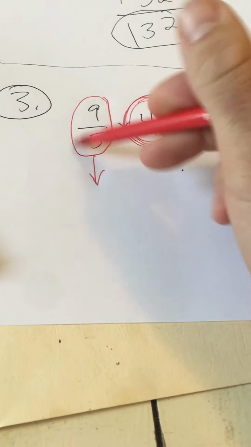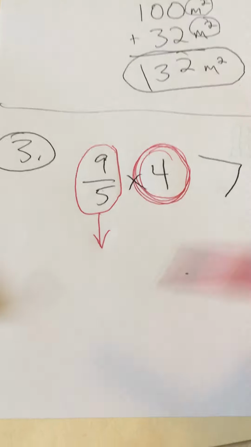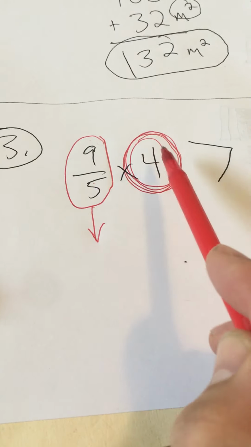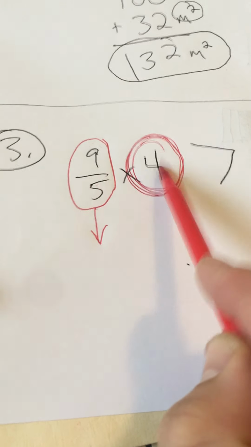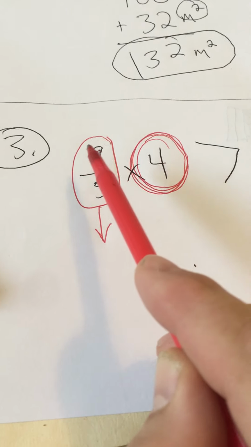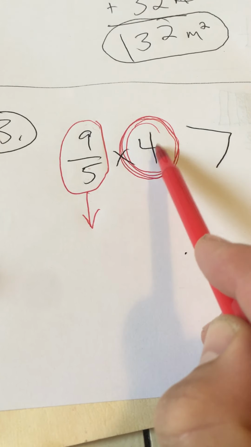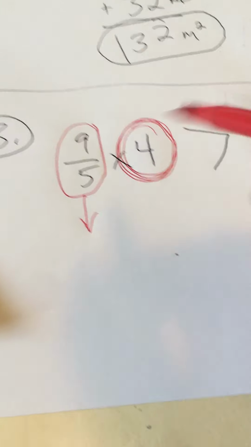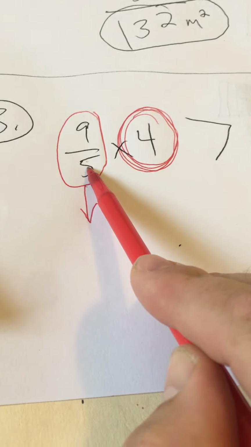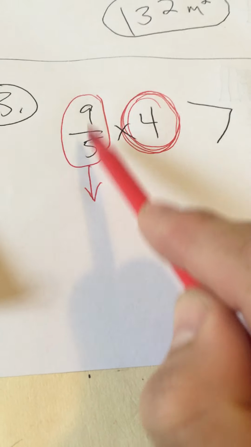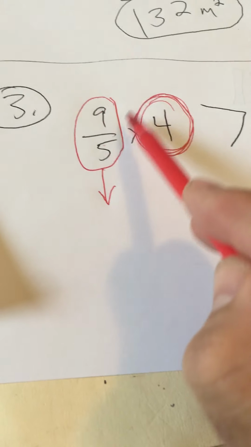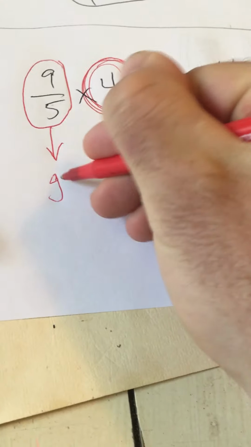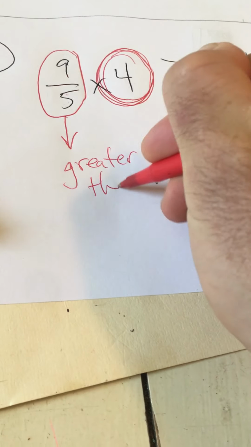Now, if this fraction was less than 1, like a regular fraction, like 2/3 or 1/4 or 3/4, when you multiply it times 4, the answer is going to be less than 4 because you're multiplying 4 times a fraction that's less than 1, so it's going to be less than this factor of 4. So since 9/5 is greater than 1, right, 5/5 would be 1 whole, so 9/5 is more than 1 whole. So if we're multiplying 4 times a fraction that's more than 1, it's going to end up being greater than 4.